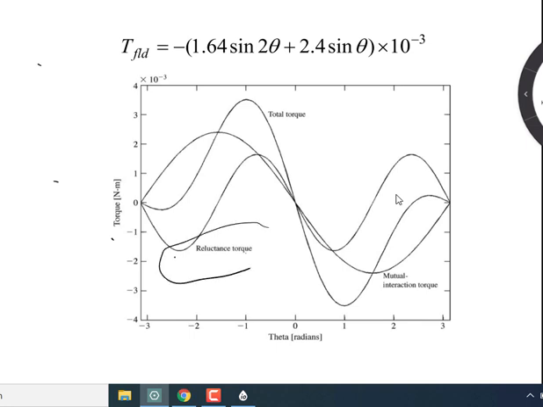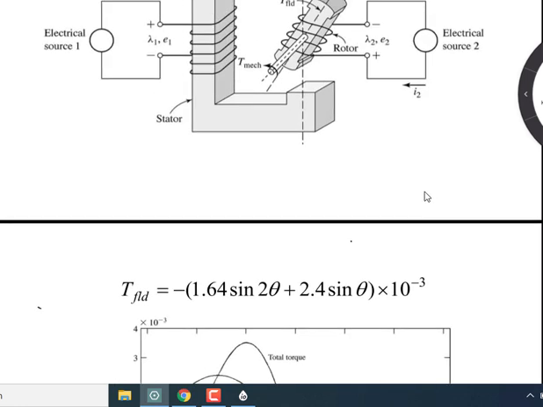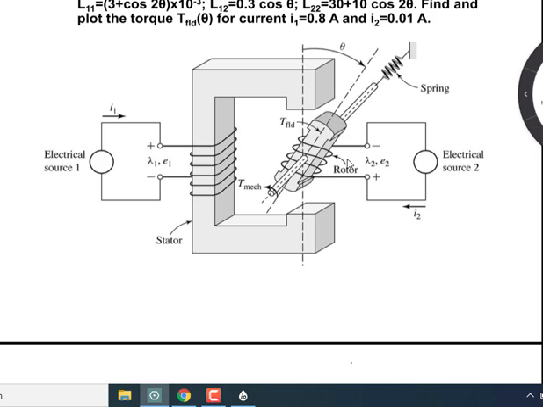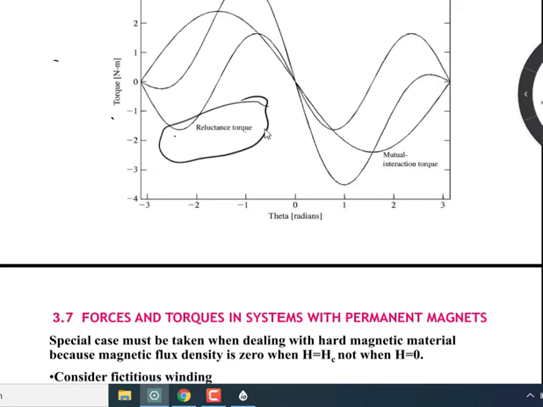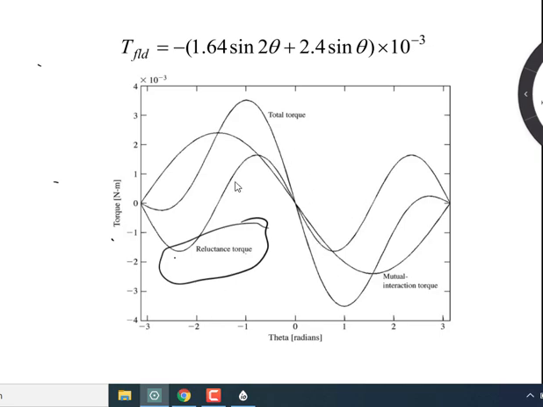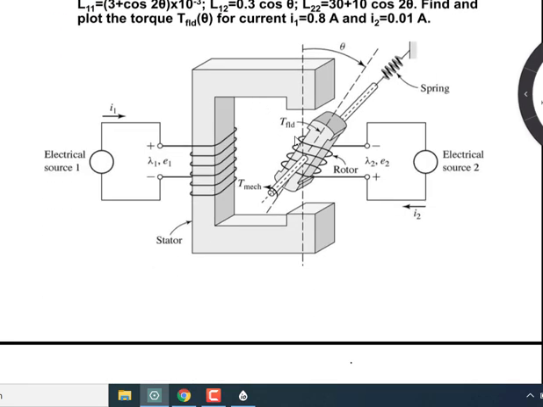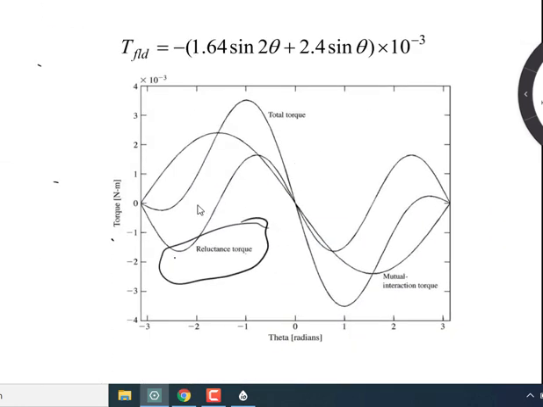This one is very important and interesting. This is the phenomenon of operation of a reluctance motor, that is also a case of the salient pole synchronous machine. Even if you do not provide any excitation to this, due to this saliency, it will give you a torque. Another torque is due to this mutual action, and your torque will have two components. One is varying with theta, the rotor angular position. Another one is varying with 2 theta. The 2 theta component of the torque is actually the reluctance torque.